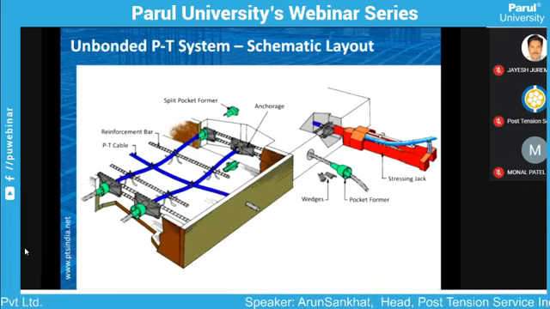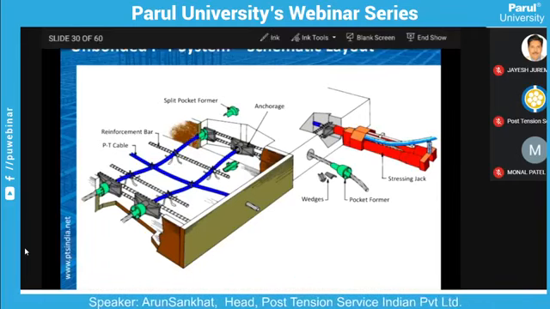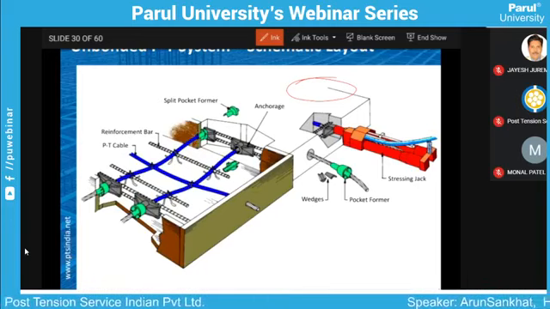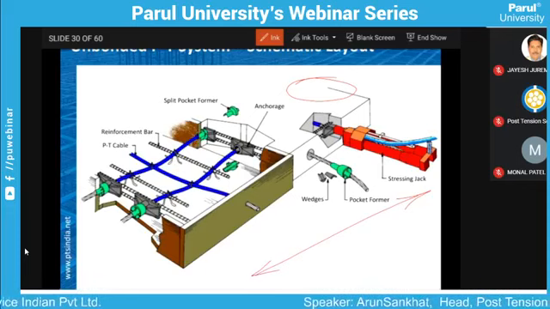This is a schematic layout. You may see this portion is already cast. The cable is already there inside, and now the length is too much. Say this length is more than 100, maybe 200 feet.